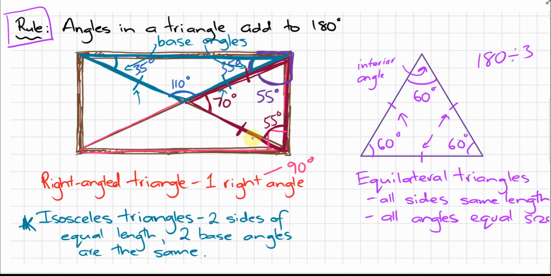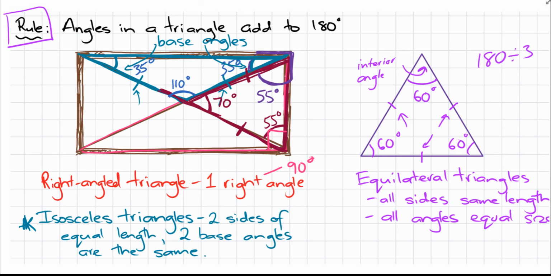So that's angles inside an isosceles triangle, but you can also see that we've got a straight line here as well. So we could have used the rule that angles on a straight line add to 180 as well in order to ascertain that that was 70 degrees. So you can begin to see that we're using multiple angle rules to actually calculate these angles.